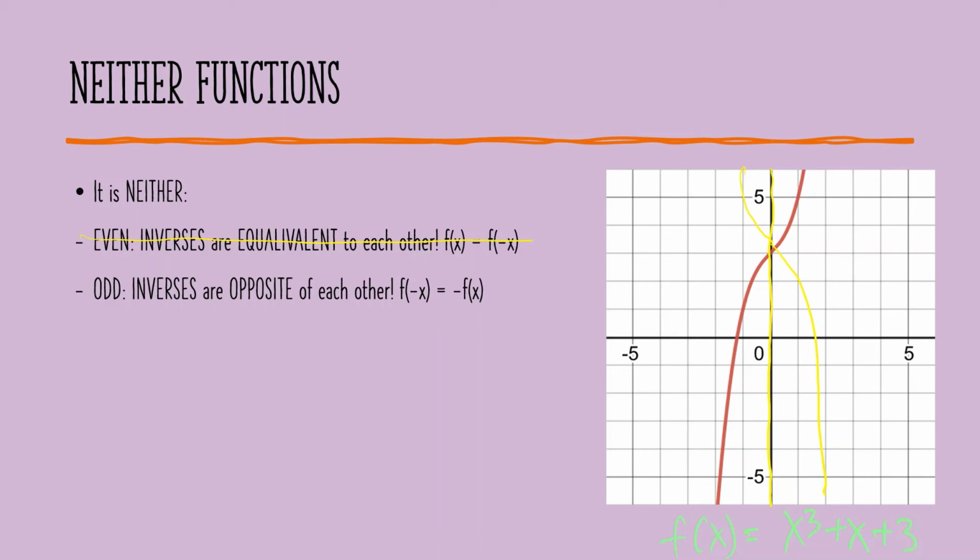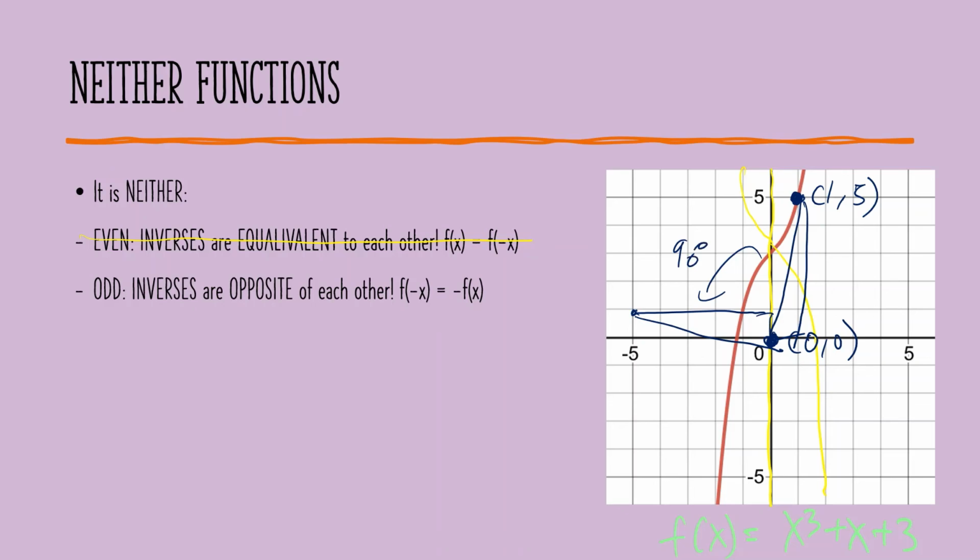Let's see if it's an odd function. To do that, start with the origin, which is at 0, 0. Pick a point on the function, 1, 5. Make our triangle so we can make a 180 degree rotation. We're going to do a 90 degree rotation first.